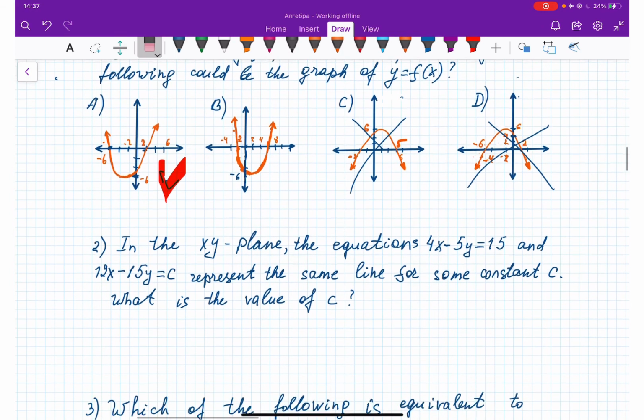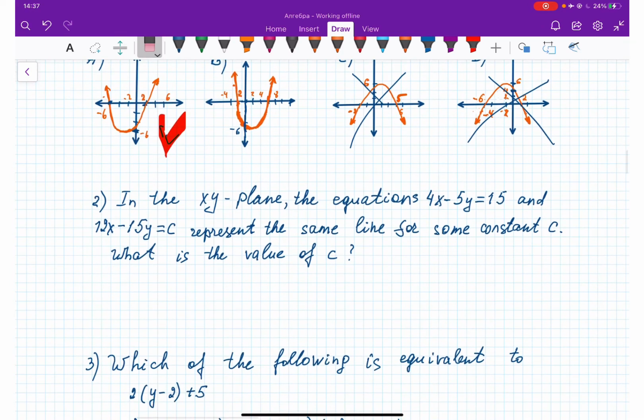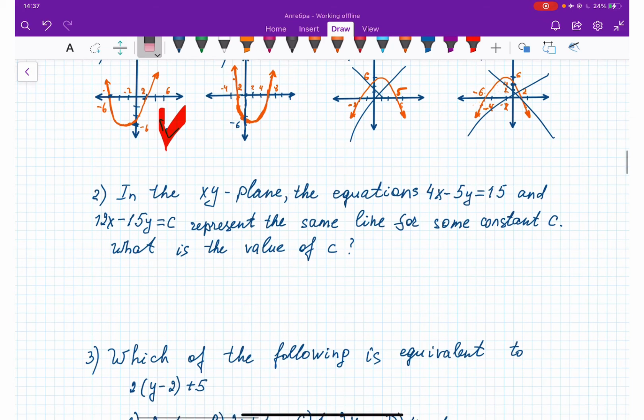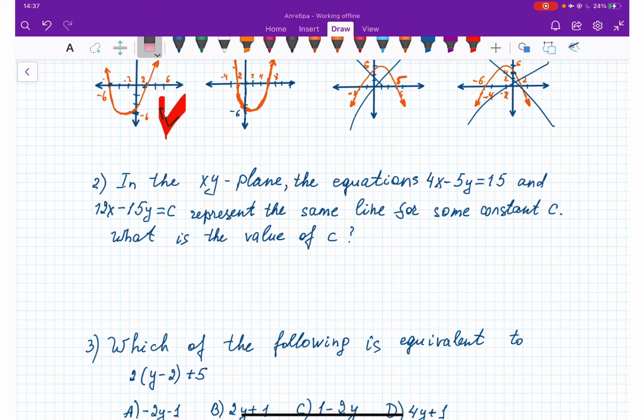Next one, question number 2. In the xy plane, when we say xy plane, it's an xy coordinate environment. The equations 4x minus 5y equal 15 and 12x minus 15y equals c represent the same line. Okay, let's see. We need to find value c.